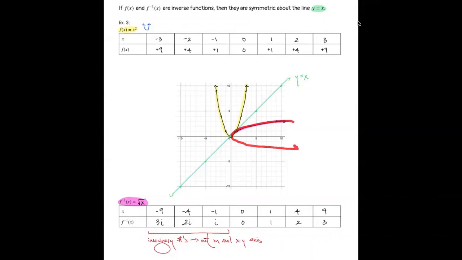However, we want to make sure that our inverse function is also a function, right? And so one phrase that might be coming into our heads right now is something called the vertical line test, right? And so if I draw a vertical line through this parabola, it actually crosses at 2 different points.